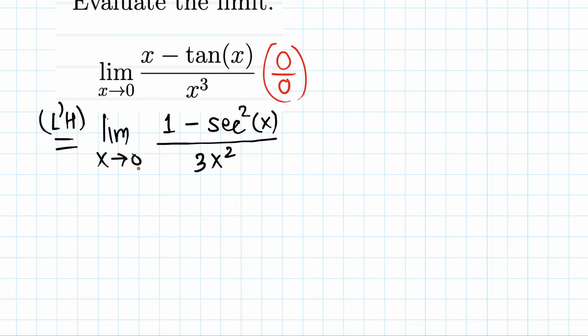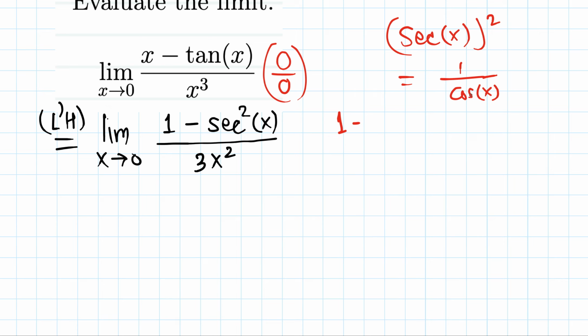So 1 minus secant 0. What is the value of secant 0? Secant squared x means secant x quantity squared, which is shorthand notation for this. Secant is the reciprocal of cosine, so secant squared is 1 over cosine squared.